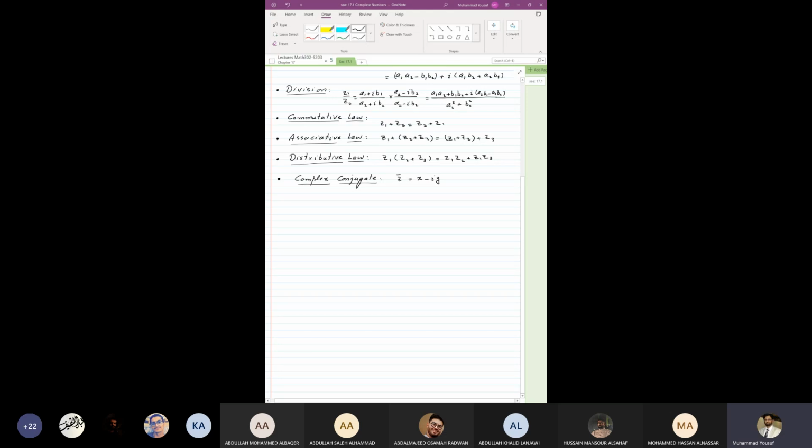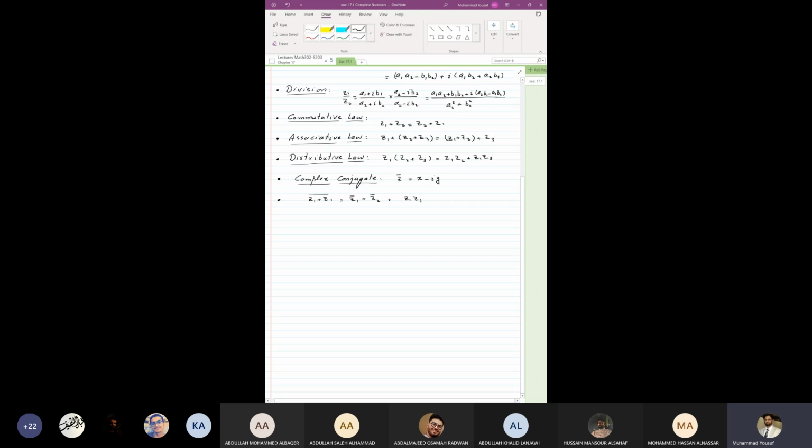And the properties this complex conjugate satisfies are that the conjugate of the sum of two numbers is the sum of their conjugates.